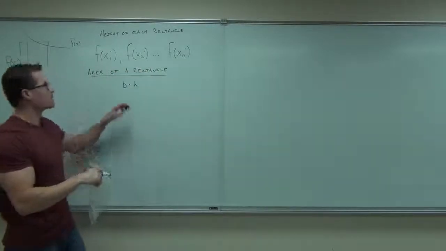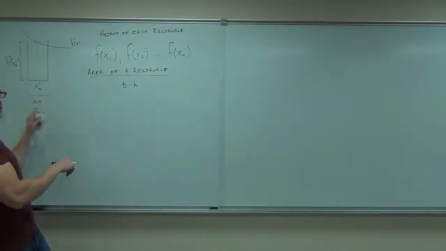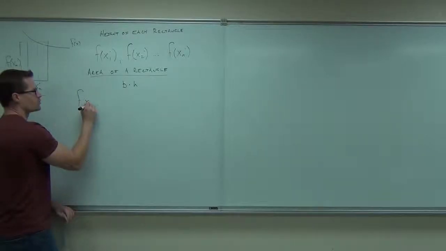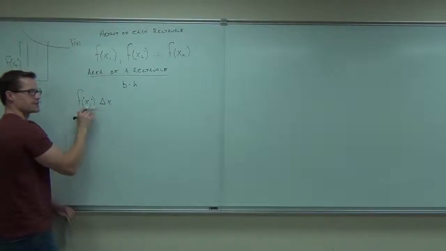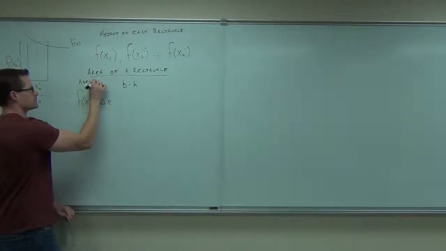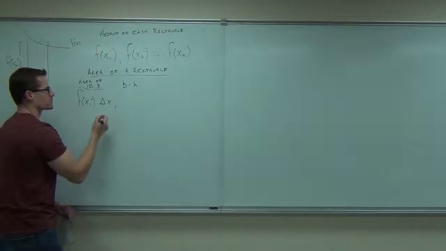So here's the height of every rectangle, and here's the base of every rectangle. Therefore, the area of every rectangle would be f of x sub 1 dot times delta x. This is the area of the first rectangle.